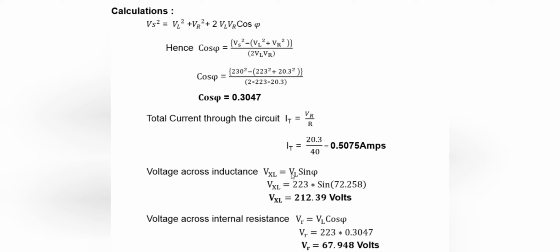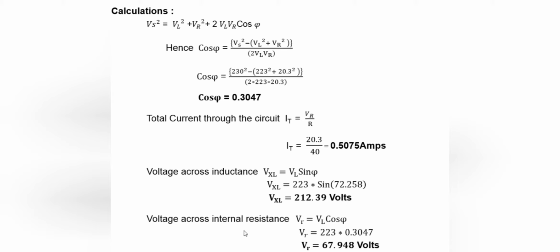VXL is equal to VL into sine phi. VL value is 223 into sine phi. To find phi, we know cos phi is 0.3047, so take cos inverse of 0.3047 and you get the phi value, that is 72.258. Substituting this value in the calculator, you get VXL is equal to 212.39 volt.